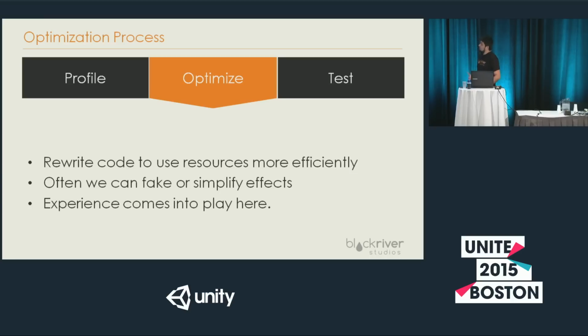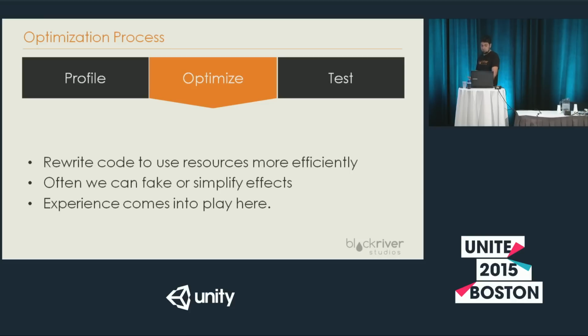Or you can often fake things and simplify. So sometimes you don't need many dynamic per pixel lights, right? You can simplify it with different effects, or parts of the shadow can be added dynamically with boxes or quads.